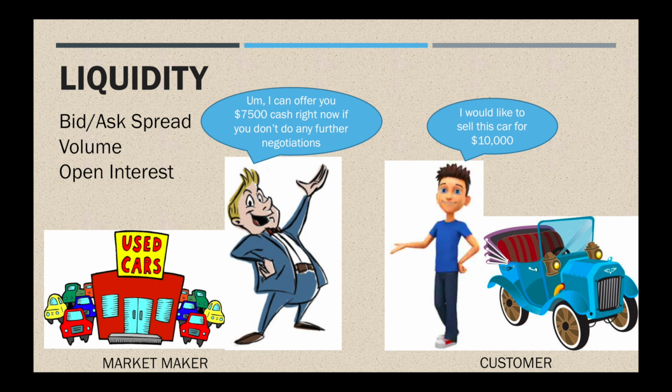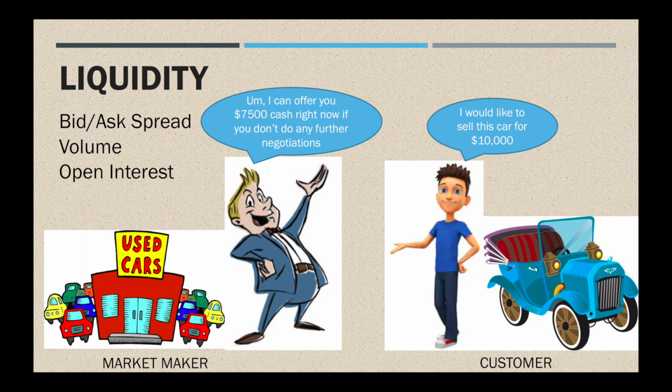So in that case, what he will do is he doesn't want to make money from the bid and ask spread, because there is hardly any risk of that car sitting in his garage and tying up his money. In this case, he's actually making money by volume. So he may be selling 500 Teslas in a month, and although he's making pennies for each sale with the bid and ask spread, he's making his profit from the volume.